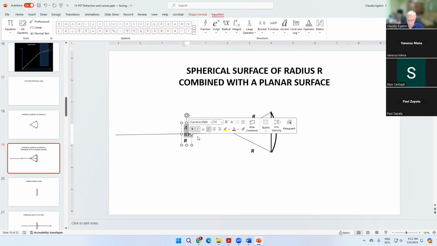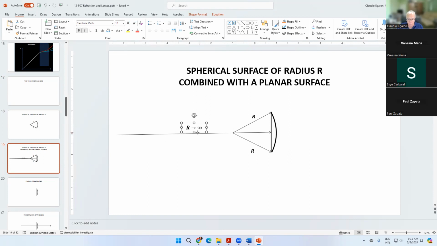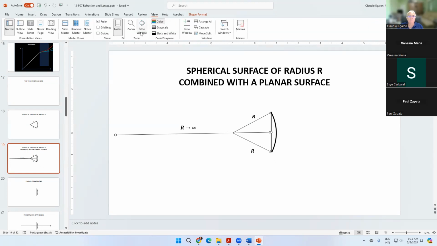In this case, the radius of curvature will be going to infinity because we have a planar surface. A planar surface is nothing but a spherical surface of infinite radius of curvature. That's what a planar surface is all about.